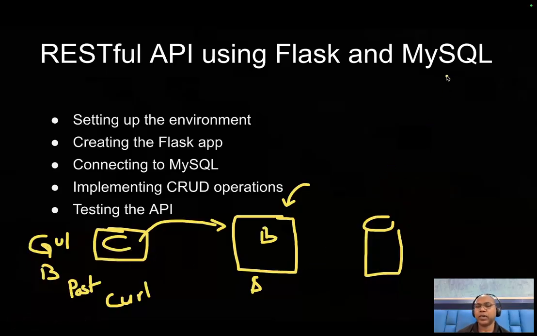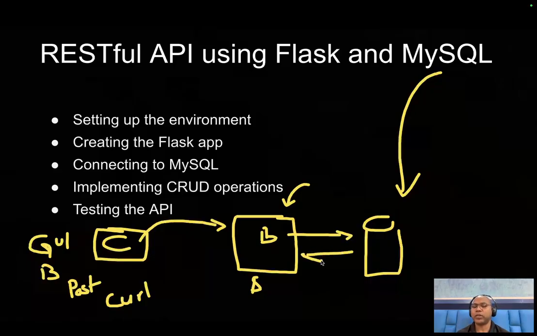And here we have selected MySQL as the database. We are going to check how our application can integrate with MySQL and get data from MySQL. For that, we first have to set up our environment.